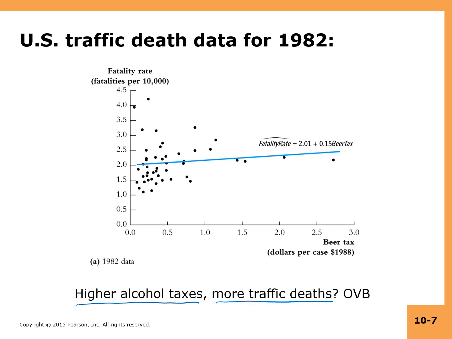And intuitively speaking, we expect the opposite relationship, where if you have higher alcohol taxes, people are likely to drink less, which means that traffic deaths would decrease. So because what we're seeing is counterintuitive to economic theory, we suspect that there is an omitted variable bias.